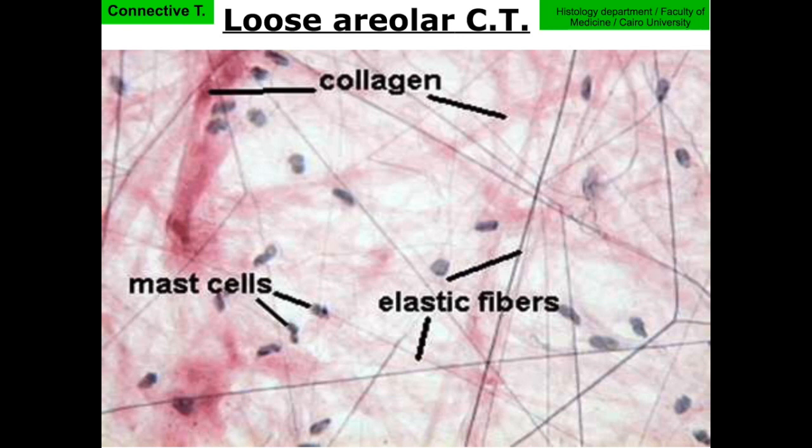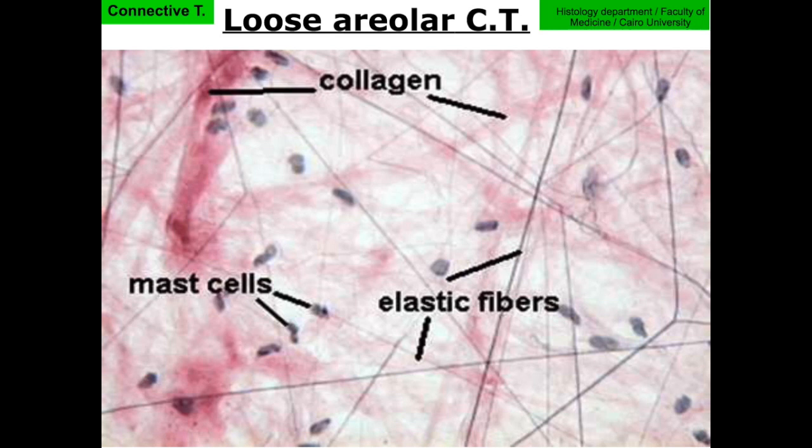The matrix is characterized by having abundant amount of the matrix, which is soft and jelly-like. This type is characterized by the presence of empty spaces called areolae that can accommodate a large amount of fluid or gases.